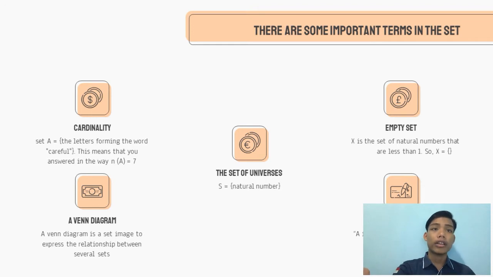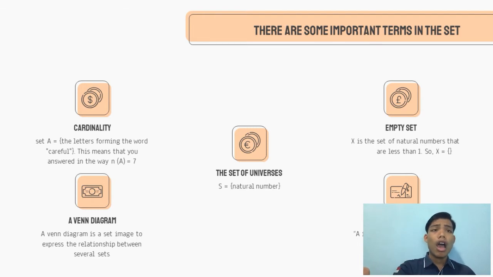A Venn diagram is a set image to express the relationship between several sets. And the last one is subsets. A subset is a set contained in another set. A is a subset of B if all members of A are members of B. And the notation is just like that.